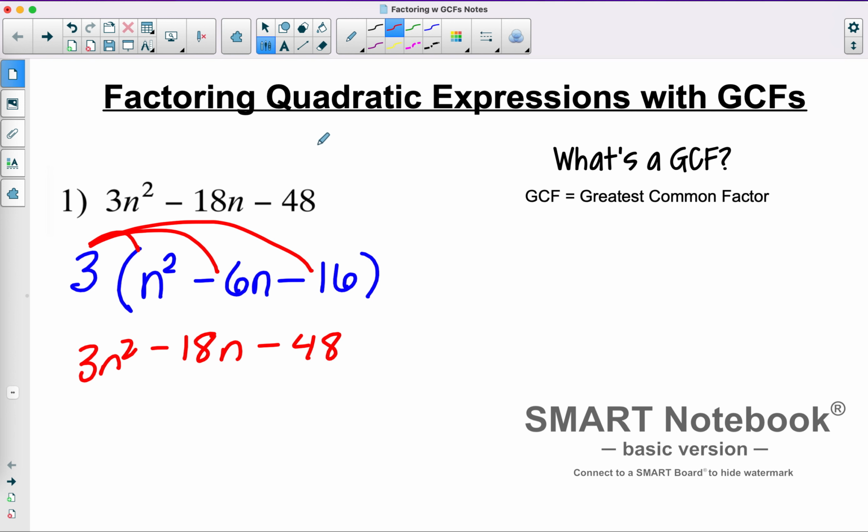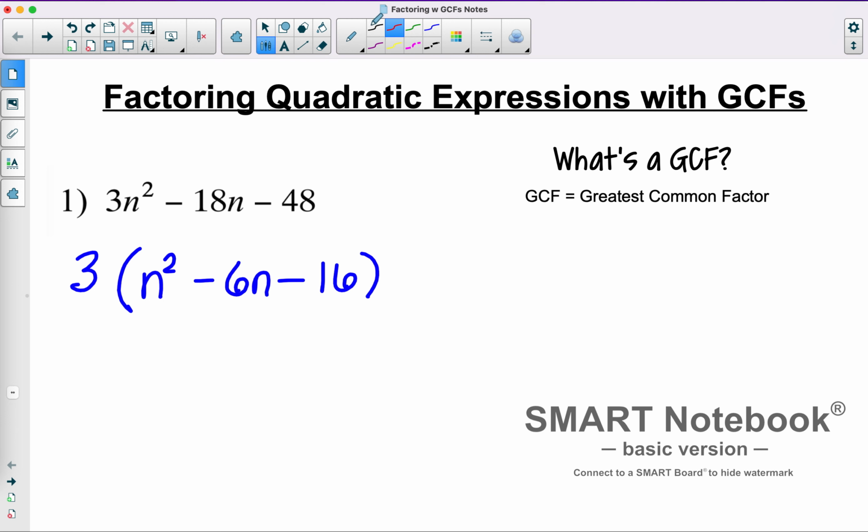And that's what we originally started with. So now we have undistributed, and that is our GCF. The GCF is just a multiplier to the rest of the expression, and so it's going to kind of hang out front while we worry about this quadratic expression that's left.